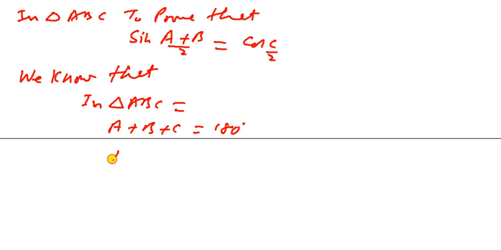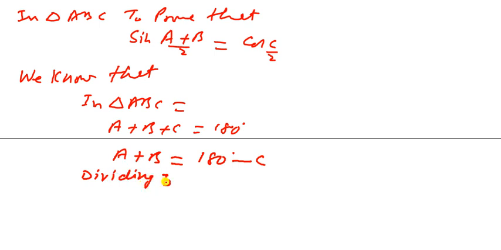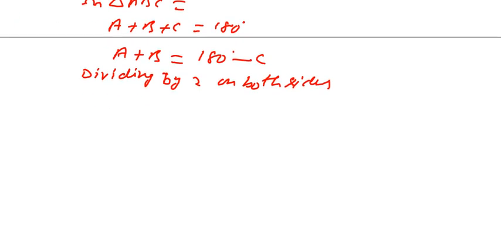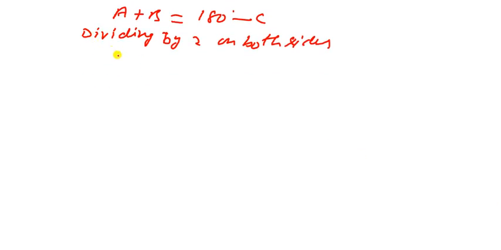We know that in triangle ABC, A plus B plus C equal to 180 degree. Now A plus B is equal to 180 degree minus C, dividing by 2 on both sides.